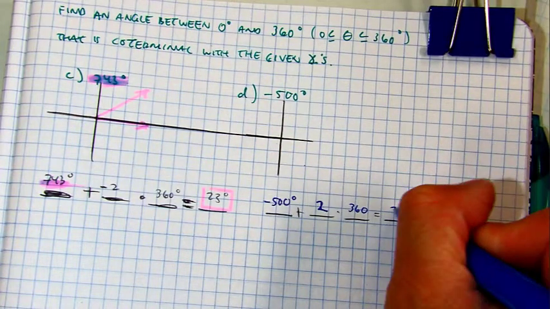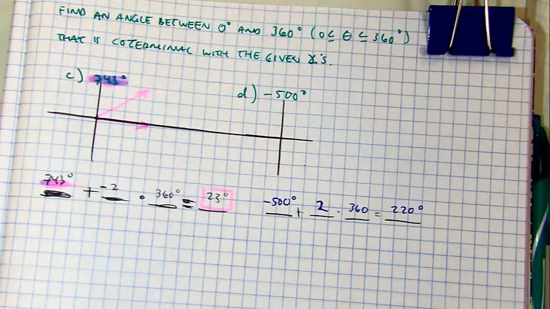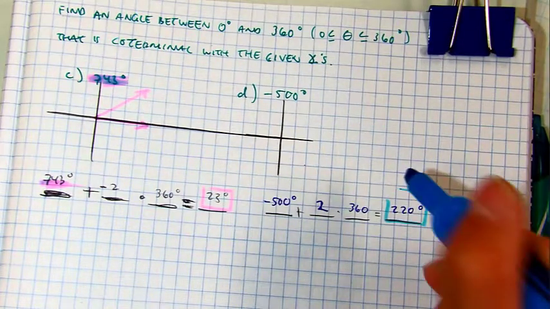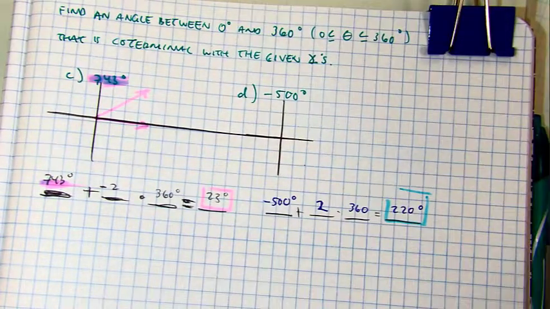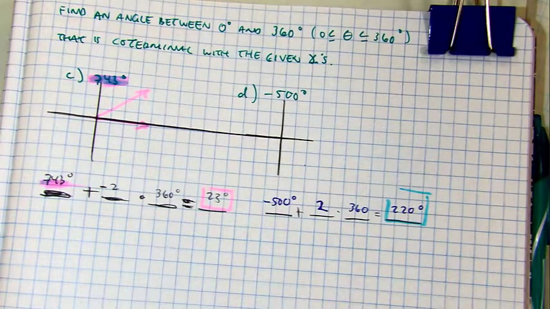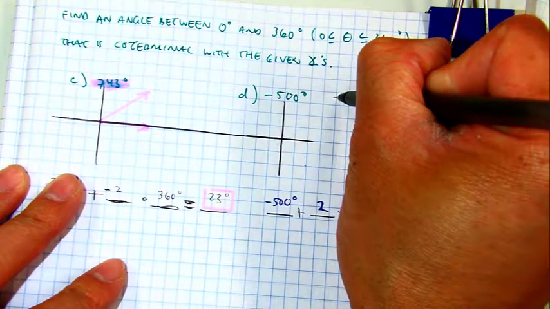220 degrees. Raise your hand if you got 220. Jaime, which quadrant is 220? Let's review our quadrants. Class, what quadrant is this? 1 here.